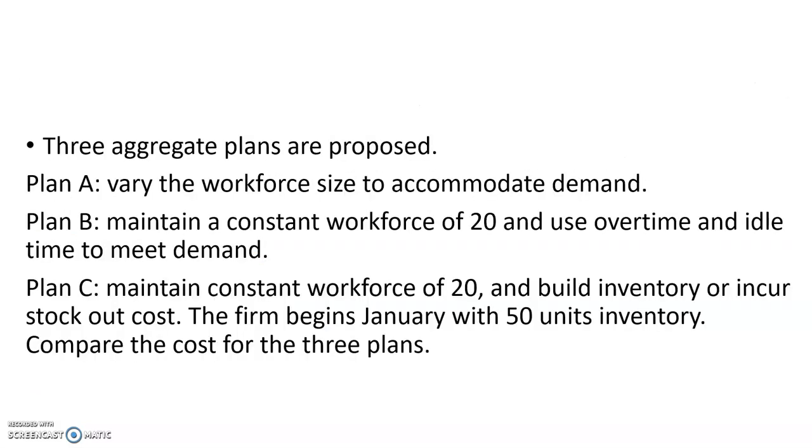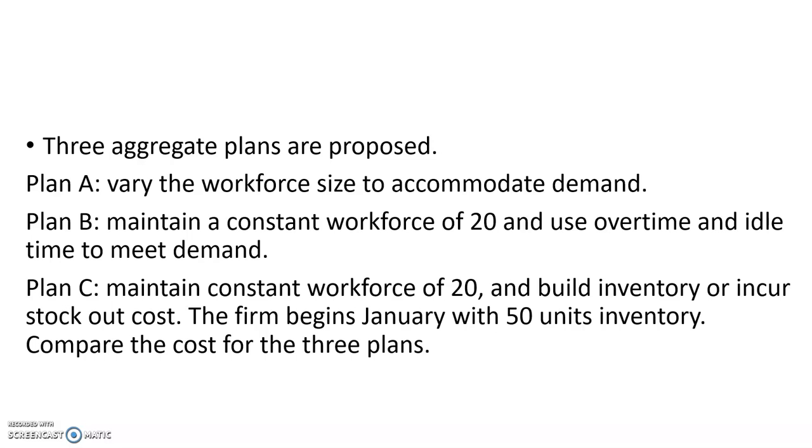3 plans are proposed. The first plan, A, is to vary the work size to accommodate the demand. Plan B, maintain a constant workforce of 20 and use overtime and idle time to meet the demand.